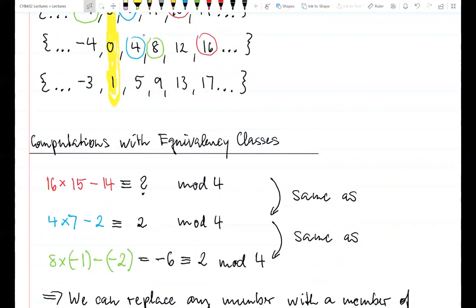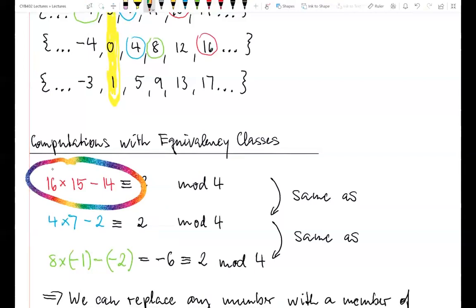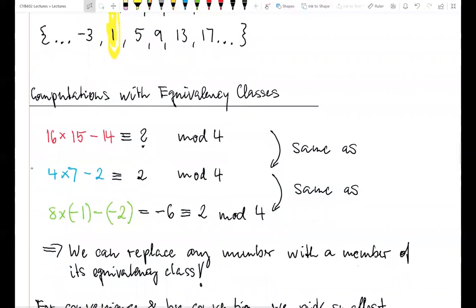And this is congruent to 2, because 26 is just 2 bigger than 24, and 24 is divisible by 4. So in other words, 2 is the result for this original expression.